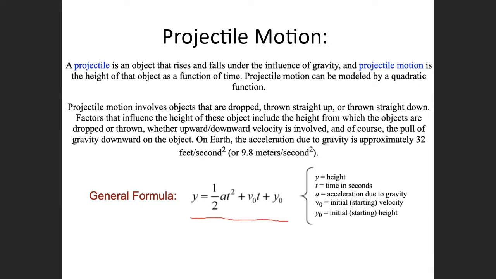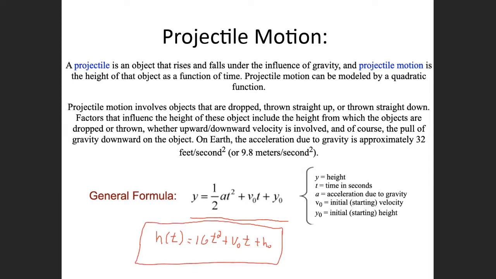Usually it's written this way: h of t, which stands for the height at any given time, is equal to 16 t squared plus the initial velocity times t plus, and I usually use h here, the initial height of the object. So this is the function that we want to deal with this week.